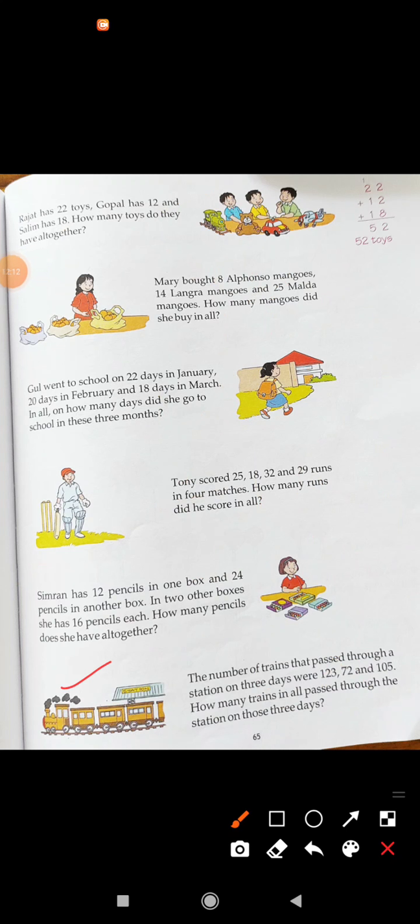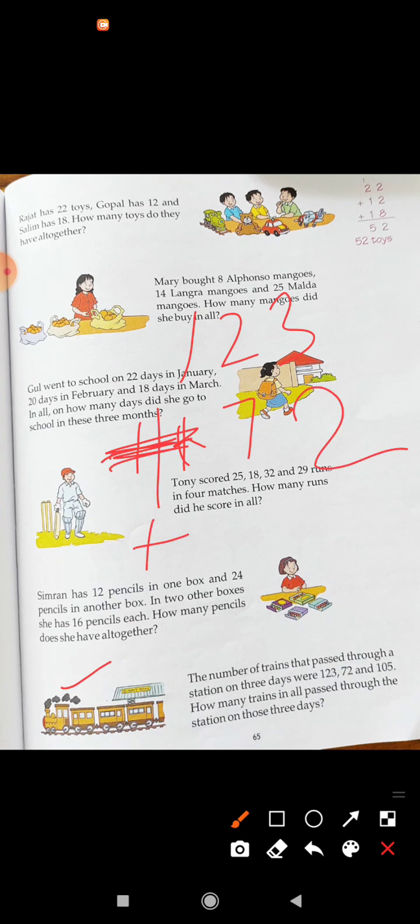Now next, the number of trains that passed through a station on 3 days were 123, 72, this is 72, and 105. Now total number of trains you have to find out that passed through the station on 3 days.